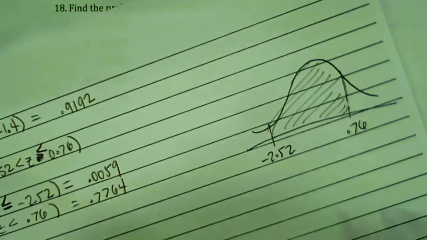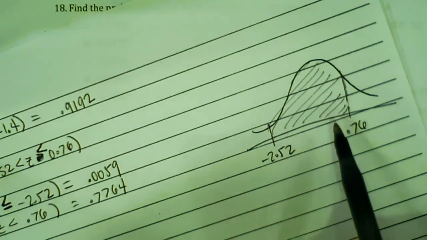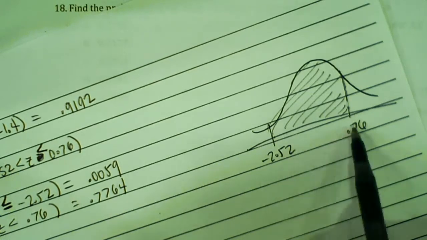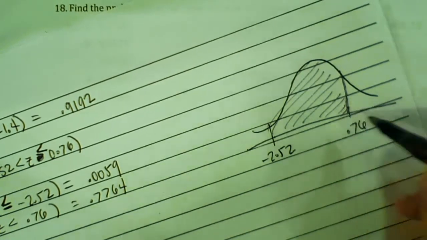Okay, so it's asking for the probability that Z is between these two numbers, right?